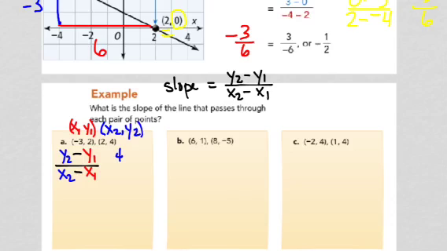minus my y1, which is 2, and that's going to be over my x2, which is 2, minus my x1, which is negative 3.